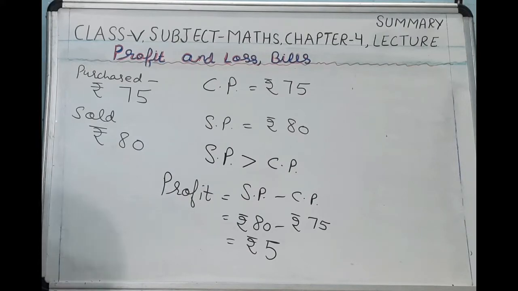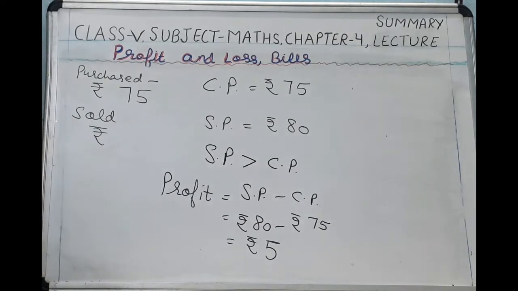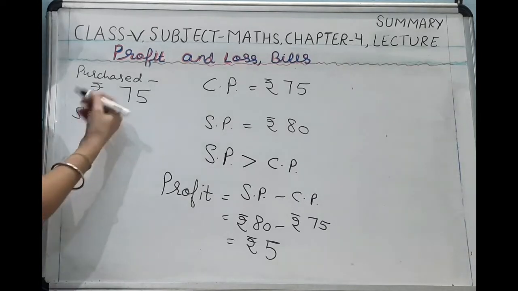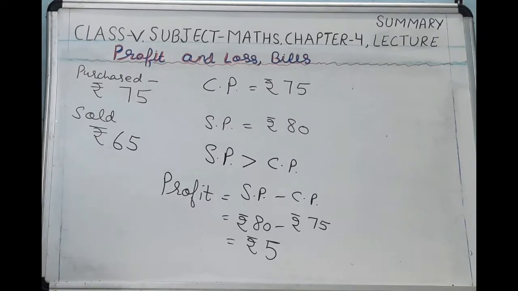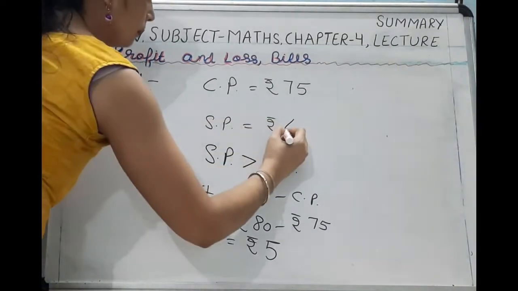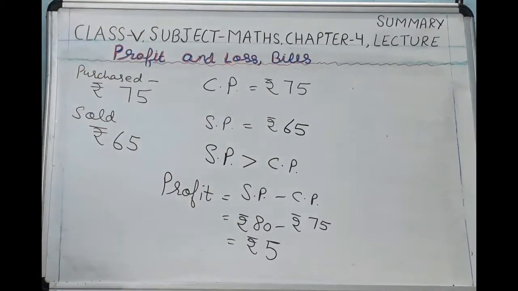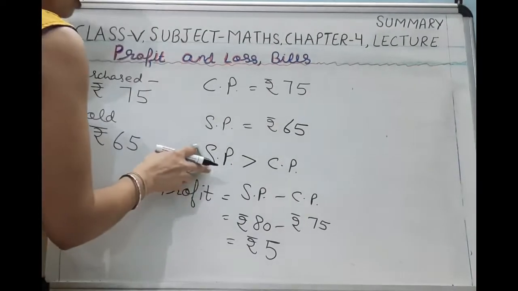Understood? And now, if I have purchased the toy of rupees 75 and now I don't want this toy, I want something else. So I have given this to my friend. I sold it for rupees 65. Now my cost price is rupees 75 and selling price is rupees 65. In this case I have got a loss. मुझे नुकसान हुआ. Why?